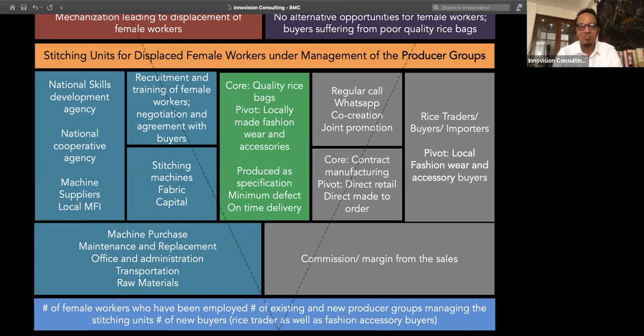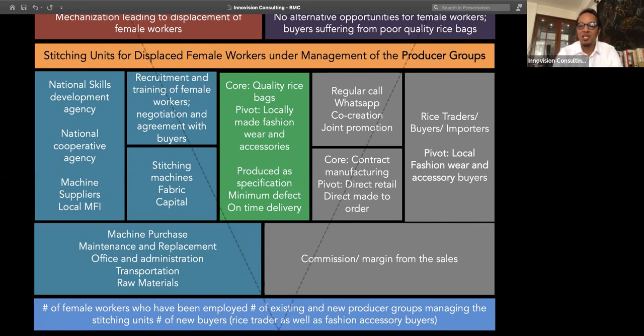In this case, a pivot could be that you have another business model canvas for machine suppliers who then start to supply the producer groups. In that business model, the machine suppliers become the holder, which means that the core value proposition would be from the machine suppliers to the producer groups who would be setting up the stitching units. So the business model canvas flips in this case.